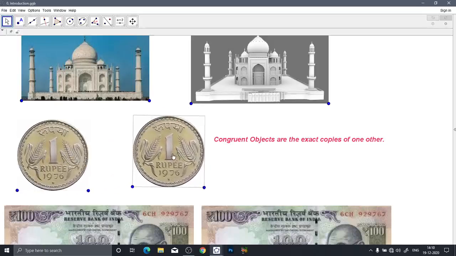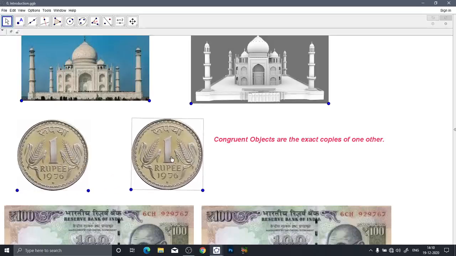The backside figure will not be observed. If you take a real coin also, we cannot observe the backside of the 1 rupee coin. So these two figures are called congruent figures.